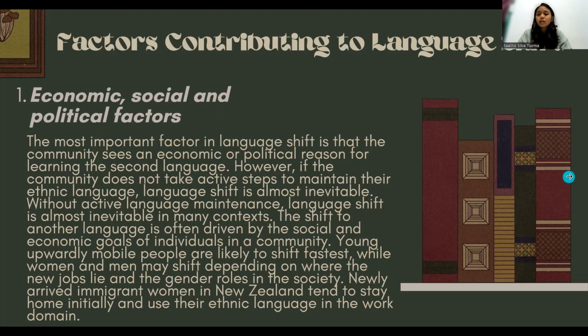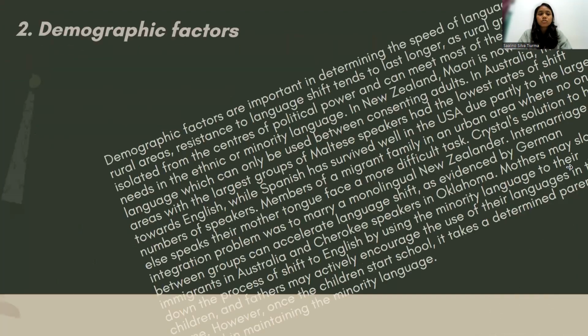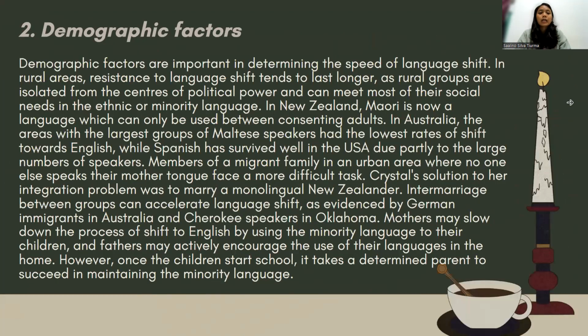Okay, next. The second factor is demographic factors. Okay, demographic factors are important in determining the speed of language shift. In rural areas, resistance to language shift tends to last longer as rural groups are isolated from the centers of political power and can meet most of their social needs in the ethnic or minority language.